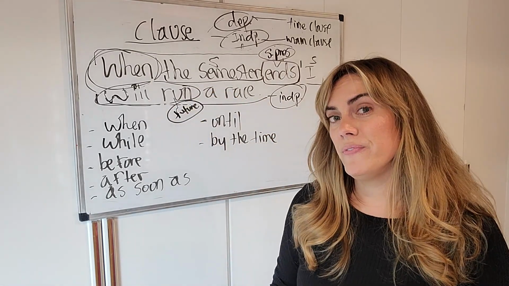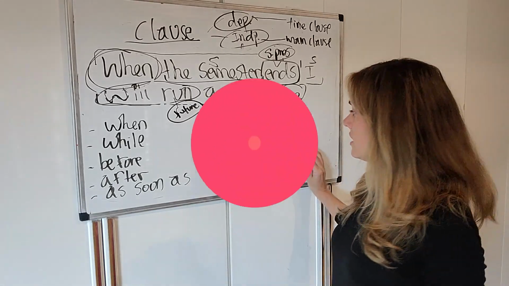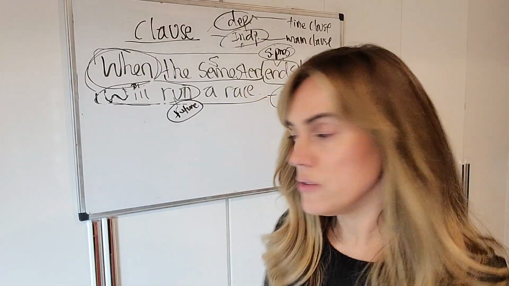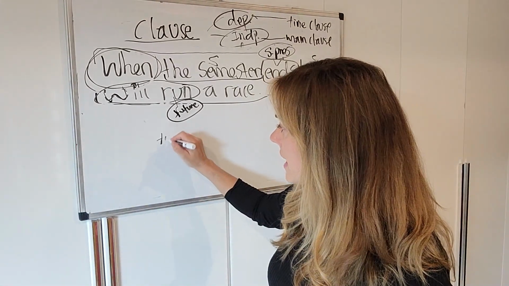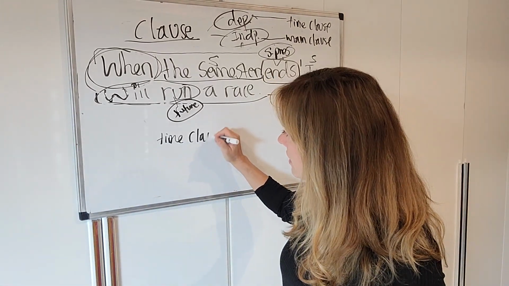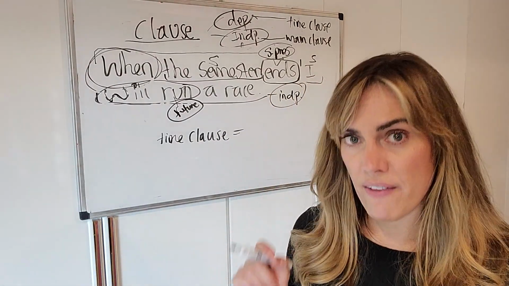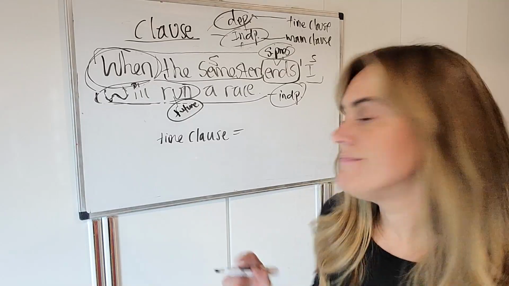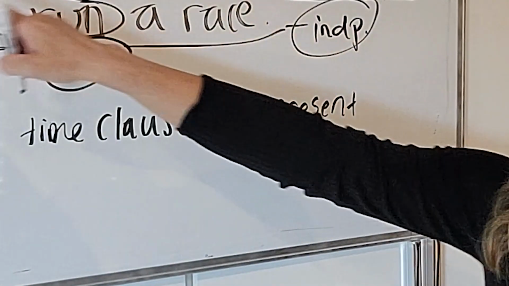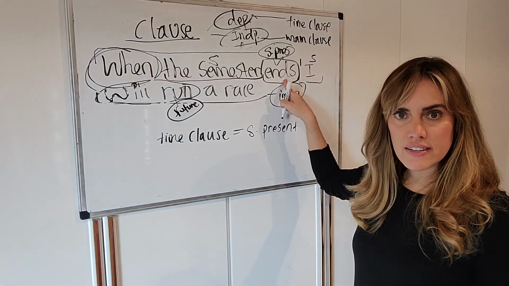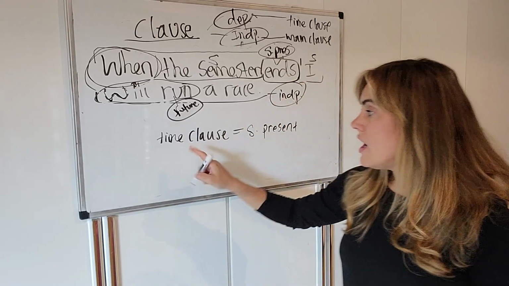Very important. That's a rule. When you're writing a sentence with a future time clause, you have to follow this rule. The time clause needs to have a verb in the simple present. When the semester ends, simple present. That's the time clause. It needs simple present.